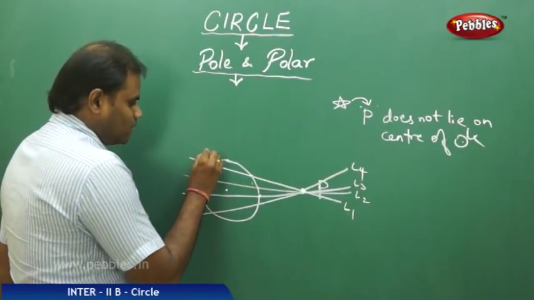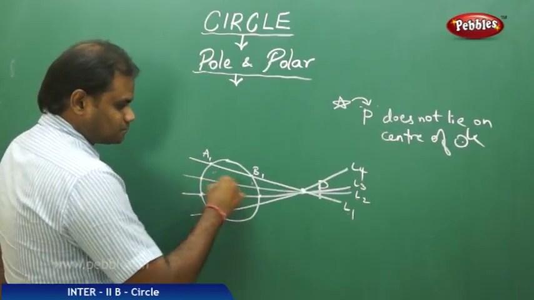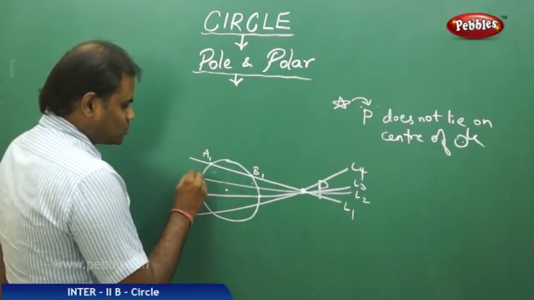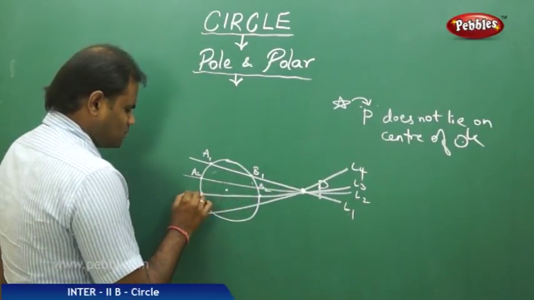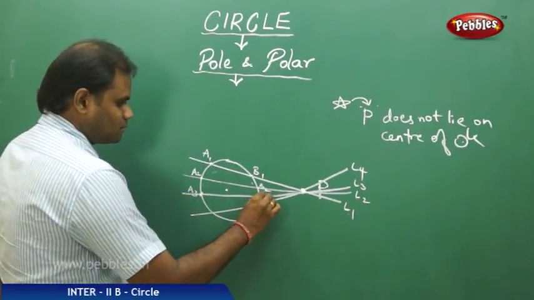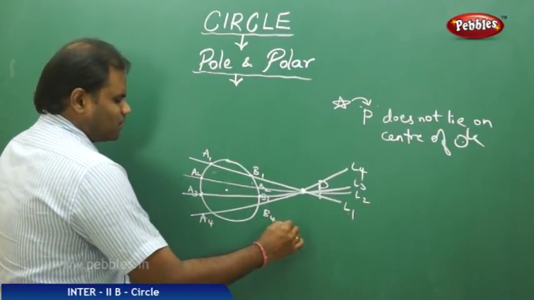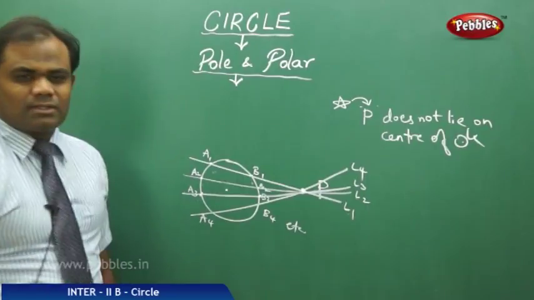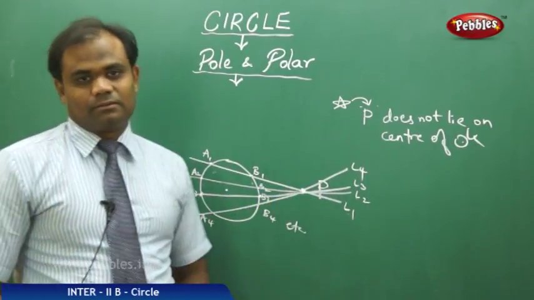Say line L1 makes the points of intersection A1 and B1, and line L2 has A2 and B2, then A3, B3, A4, B4, etc. Now there are infinite lines which pass through P and cut the circle.